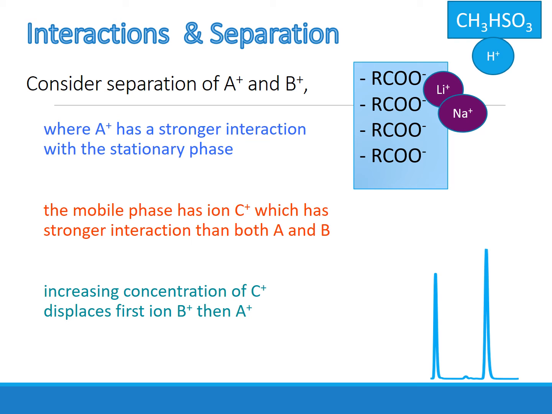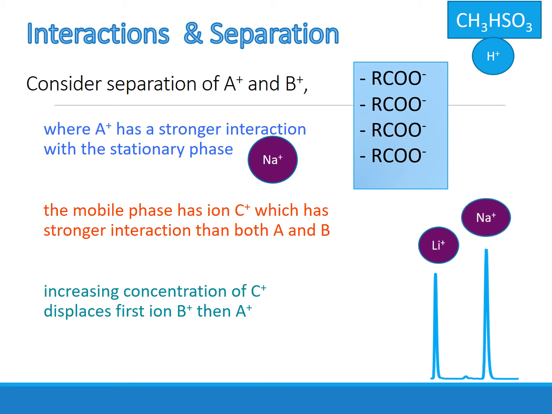In typical cation exchange chromatography, sodium will be stronger because it has a smaller hydrated radius. Therefore, it will be more strongly retained, and lithium will elute earlier, will have shorter retention time, and then sodium, as they will be displaced by the proton from methane sulfonic acid or reagent C.